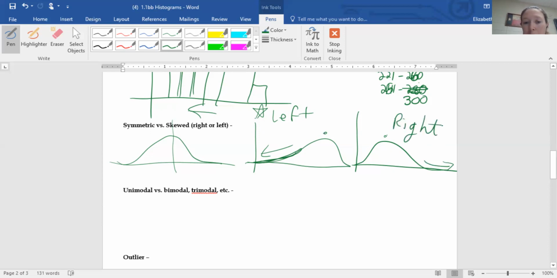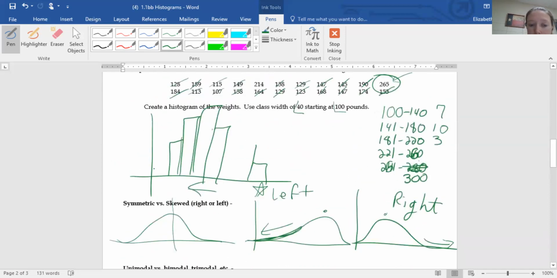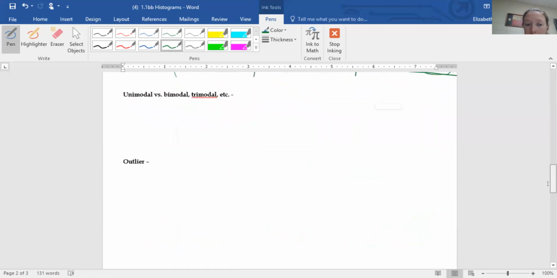All right, and this tells us something about our data. Looking at our histogram up here, we see that most of our data is over to the left and our tail is to the right. So this is skewed right. All right, unimodal versus bimodal versus trimodal.